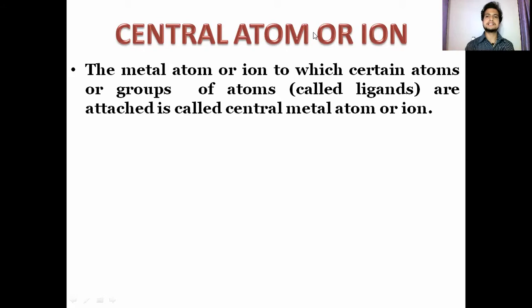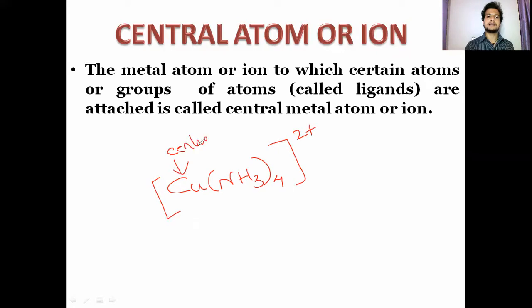Again, taking the same example just to make it clear, if you have this particular complex Cu(NH3)4 2+, remember that this Cu is nothing but the central metal ion. The copper ion is the central metal ion. The group which is donating electrons to it is the ligand. As a result, they form a coordinate covalent bond, and that results in the formation of the complex, which is nothing but a coordination complex.